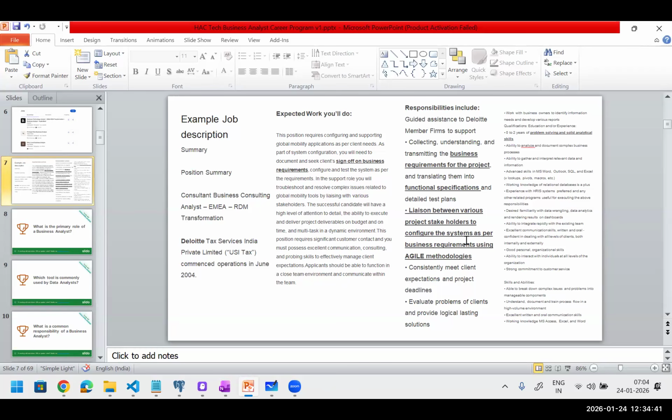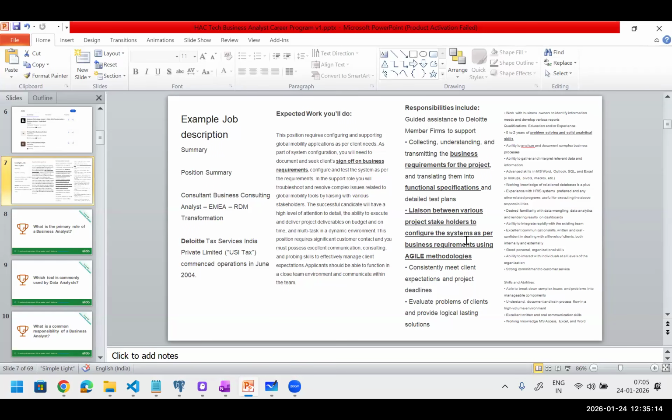IIBA is the International Institute of Business Analysis, a regulatory body, not exactly controlling, but giving guidelines on how to systematically conduct business analysis. I'm emphasizing the word systematically. Certification can also be done from the IIBA, which is located in Canada. It provides guidelines, tools, techniques, and methods.